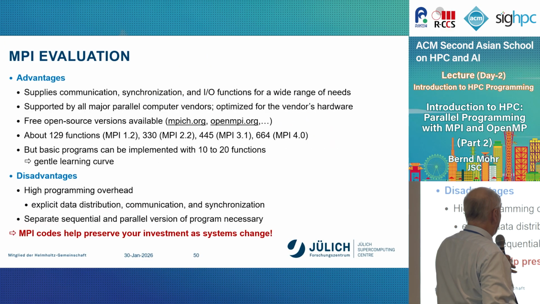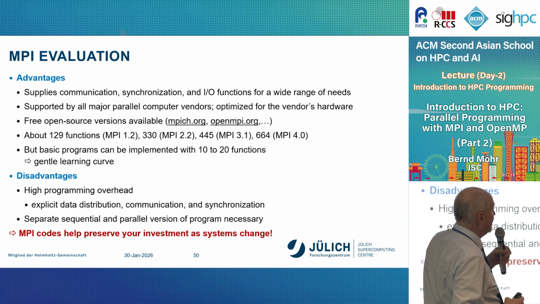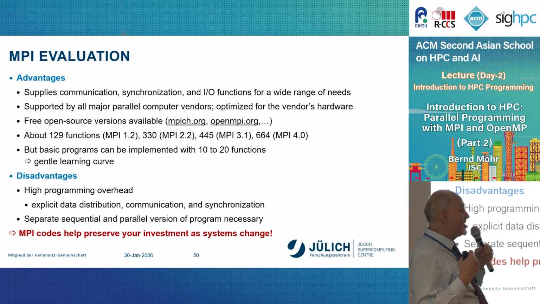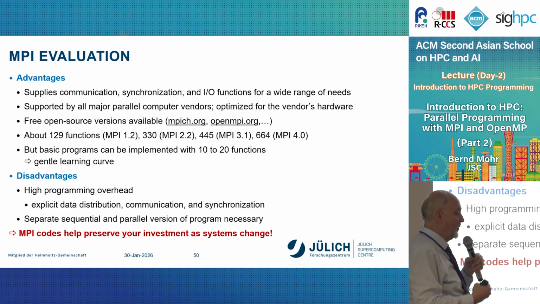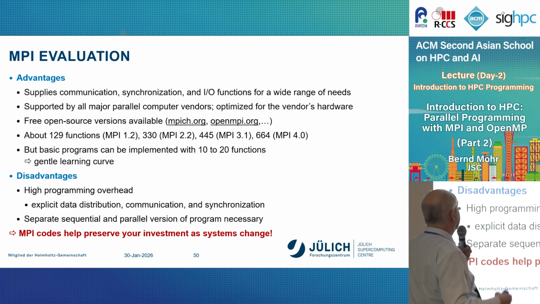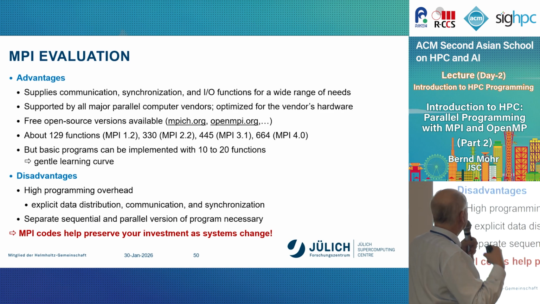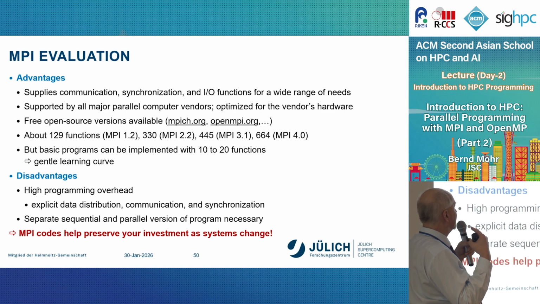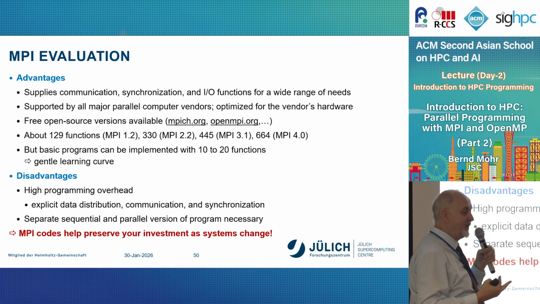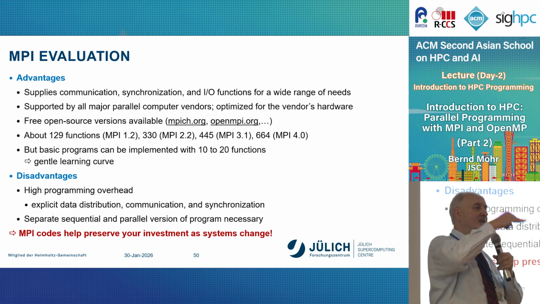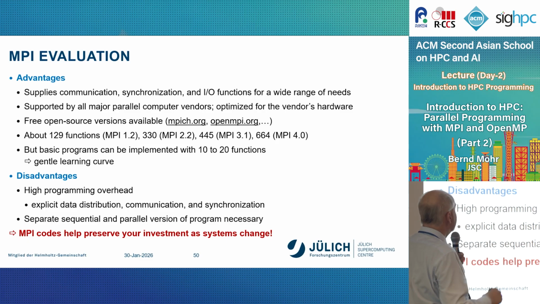Okay, so summarizing it together, what's about MPI? The advantage is it gives you a library for parallel computers, which gives you functions to communicate, to synchronize, and do I/O functions depending on your need. Like, I have this special case where I have functions there.